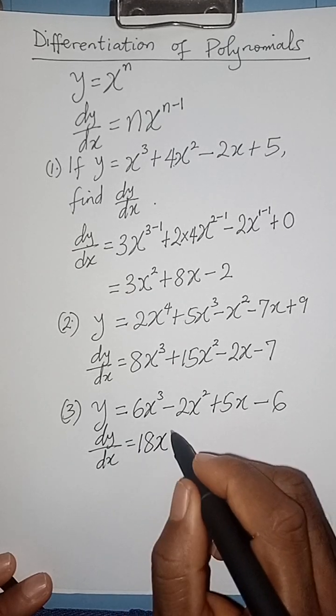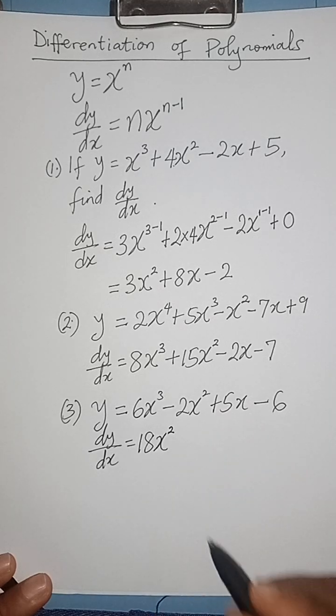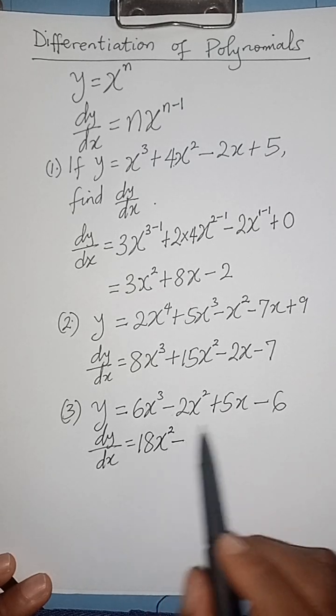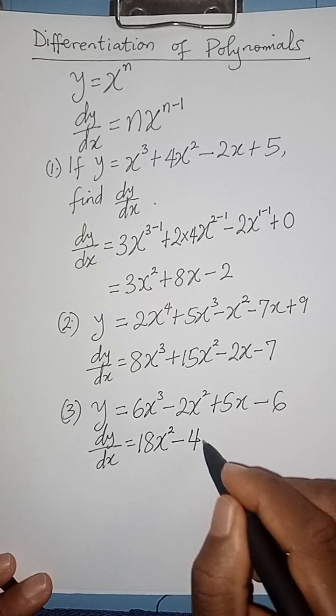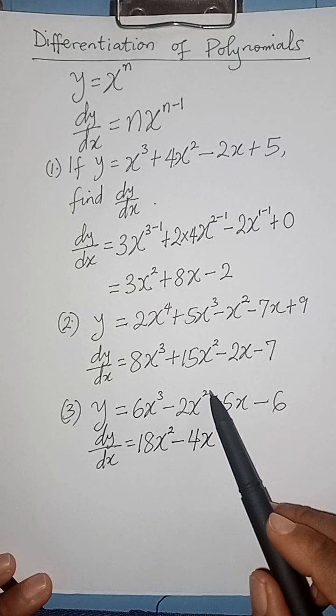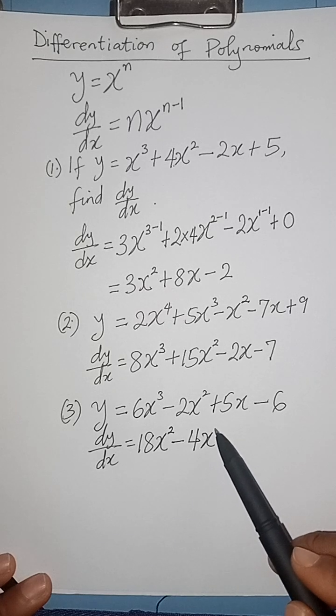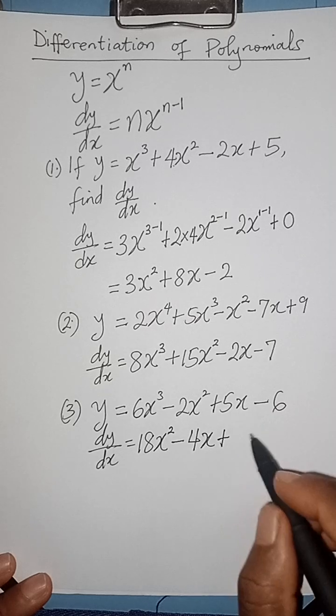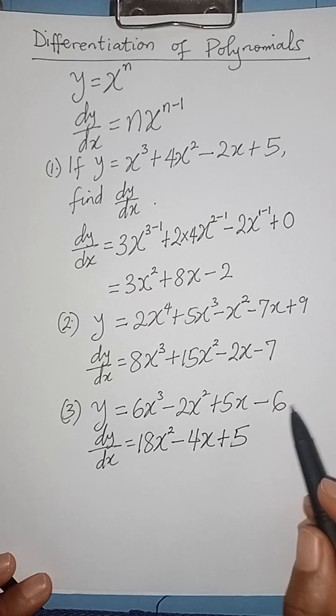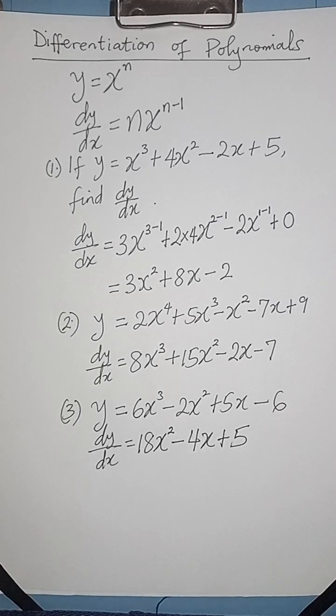Reduce the power by 1, it becomes 2. Minus, the power here is 2, so 2 times 2, 4, x. Reduce the power by 1, so it becomes 1. There's no point writing a 1. Plus, if you differentiate 5x, it's going to be 5. And if you differentiate a constant, it's 0. So that is the solution to the question. Like I said, it's easy peasy, right?